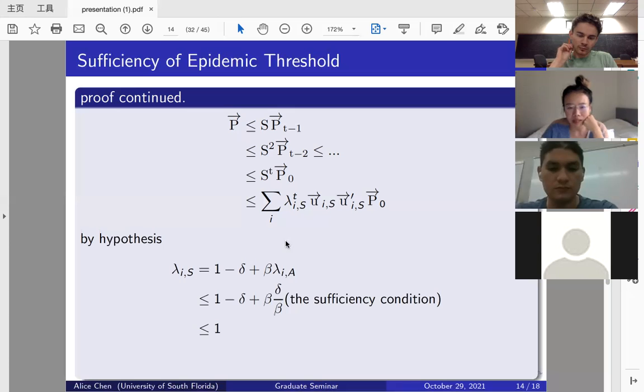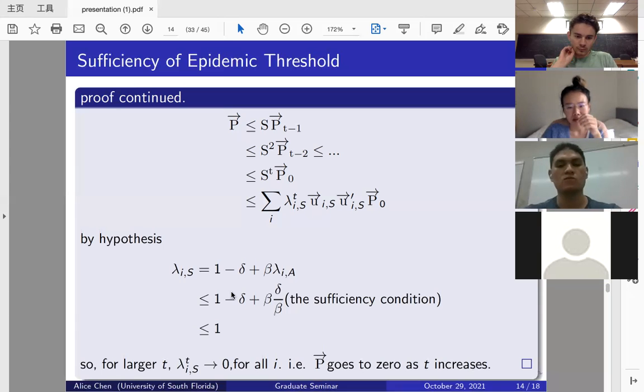So what does that mean? It means that given a value less than 1 here, if you consider a large enough time t, p is going to go to 0, as shown here.